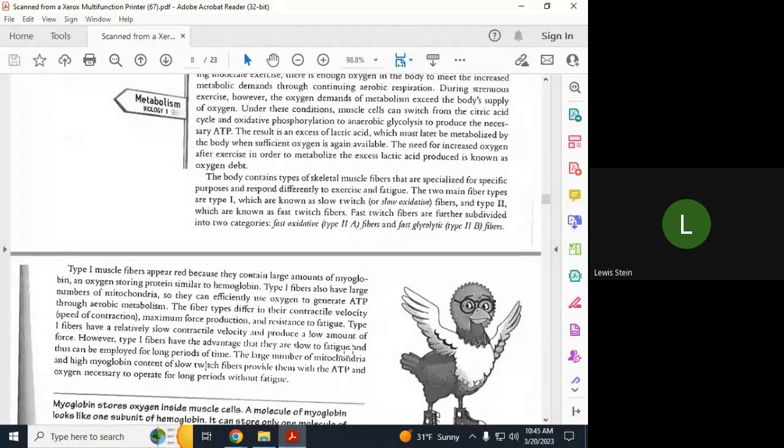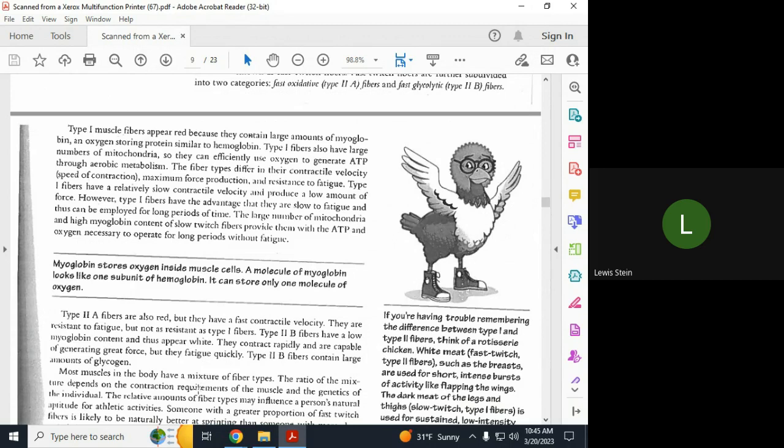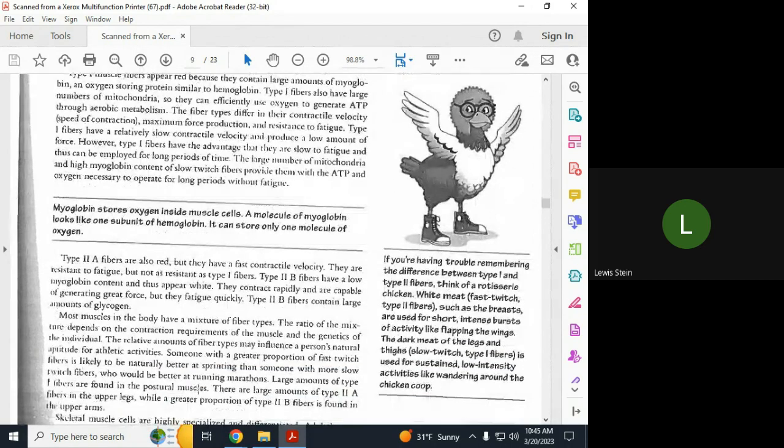Type 2A has a sufficient amount of myoglobin to be red. They're faster and resistant to fatigue, but not as much as type 1. Type 2B has lower myoglobin, so they're whiter in color. They contract rapidly and are capable of generating force, but they fatigue quickly.